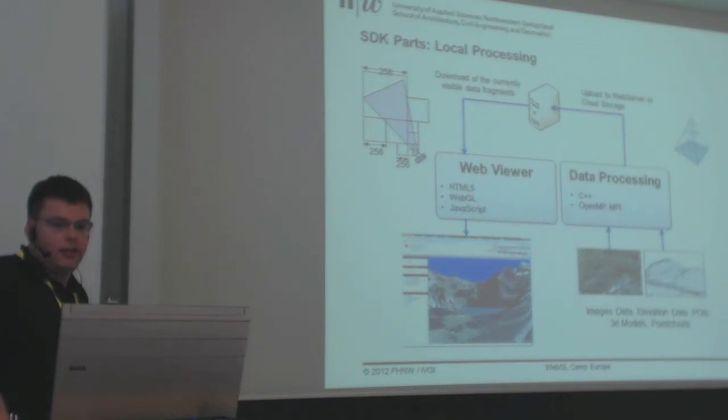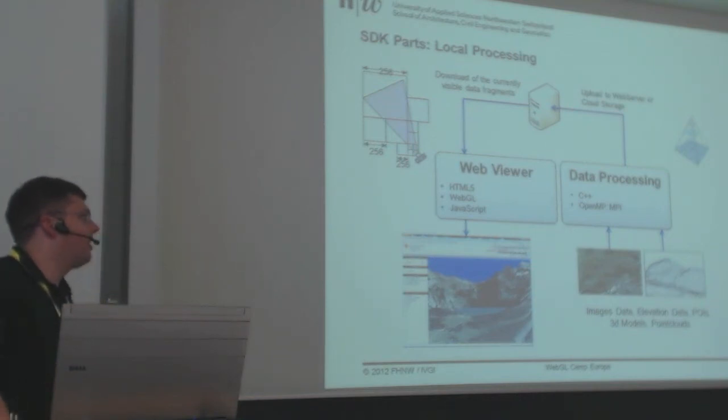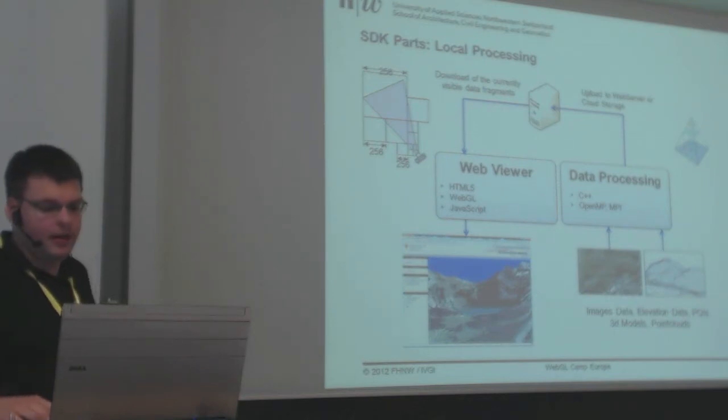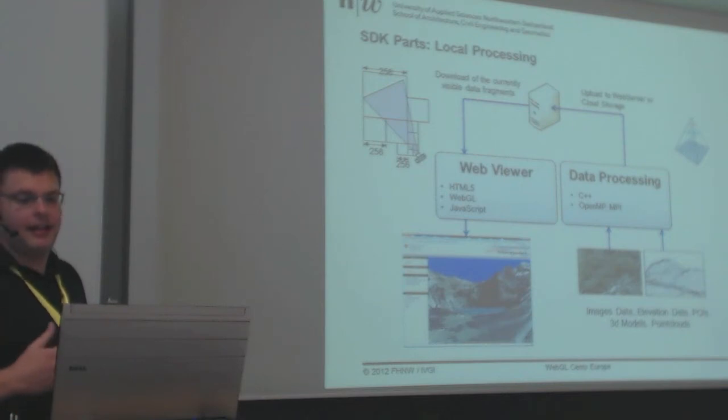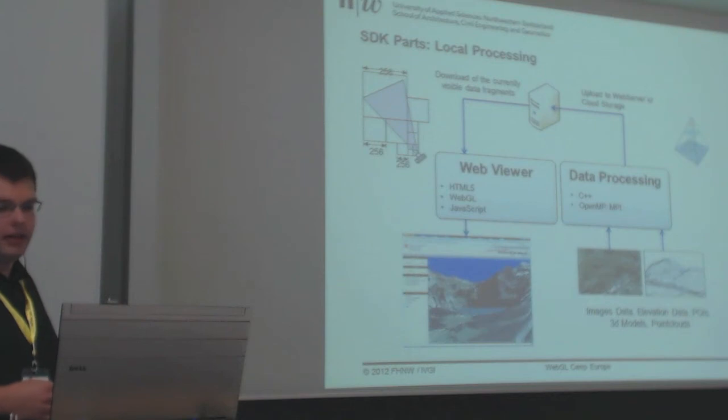This task needs high performance, so we parallelized the algorithms, and these algorithms are written in C++. If you have tiled this image, you can upload it to a cloud storage or to a web server.